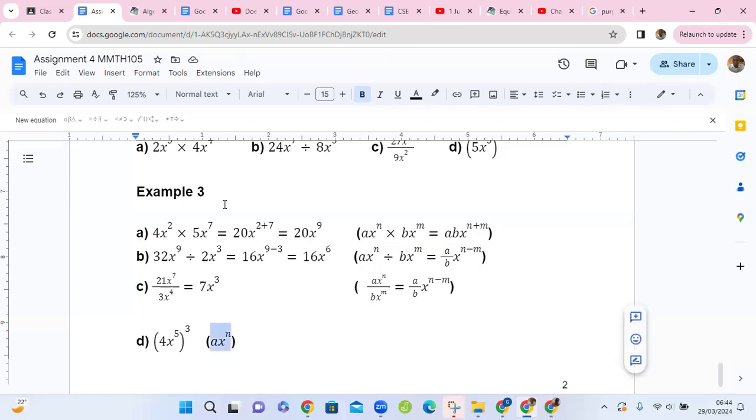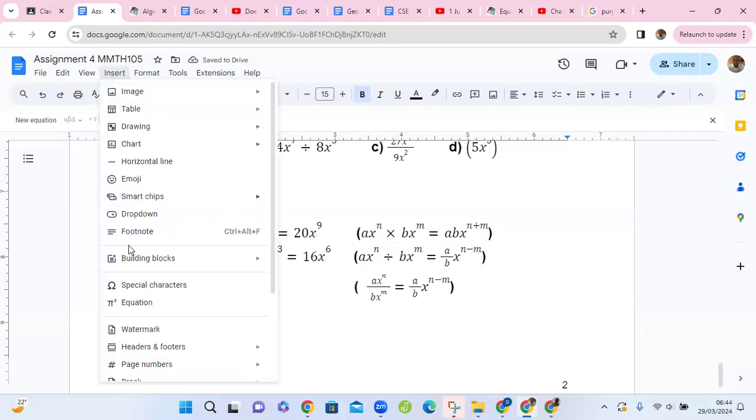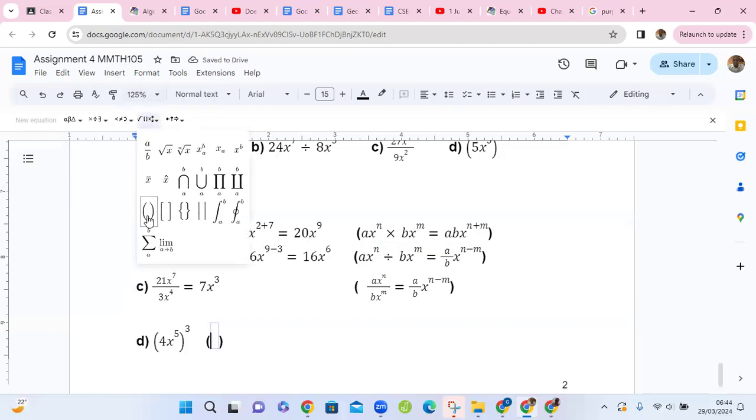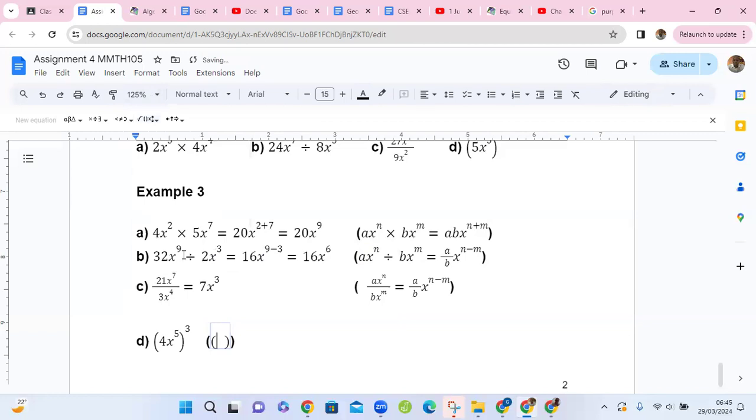Okay, let's use brackets so that we can raise ax to the n, the entire ax to the n has to be raised to another exponent. Let's call it the same m.